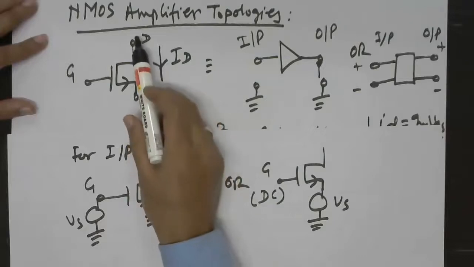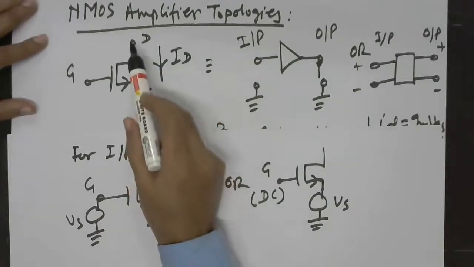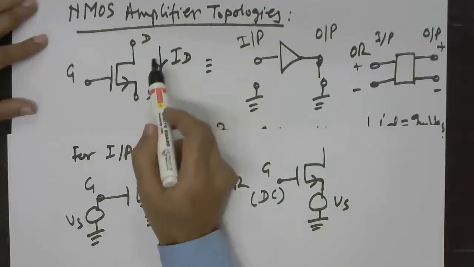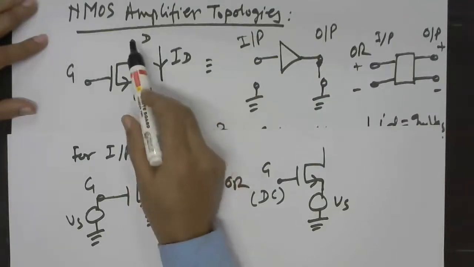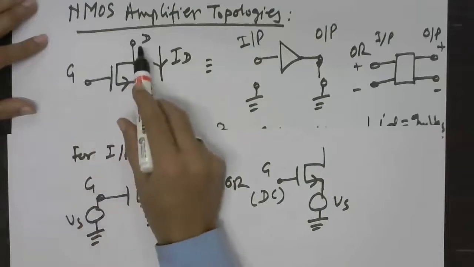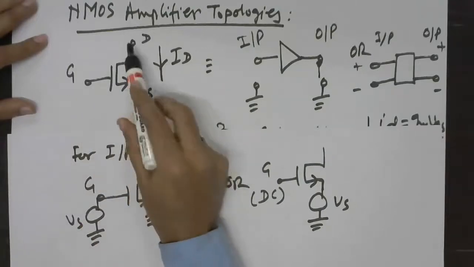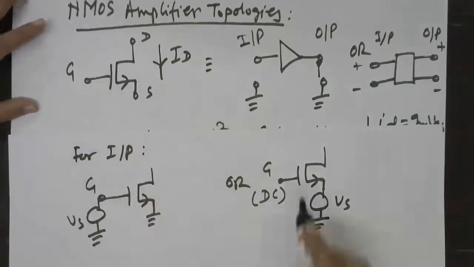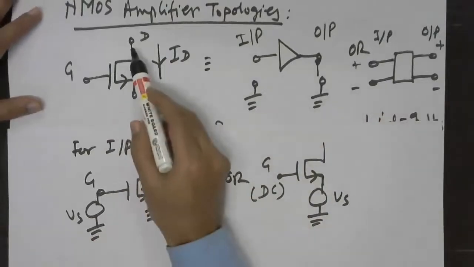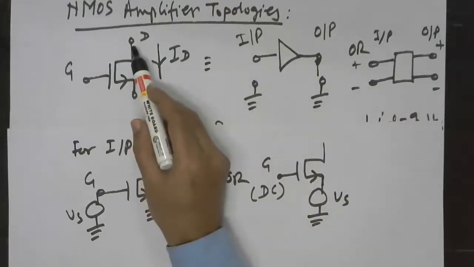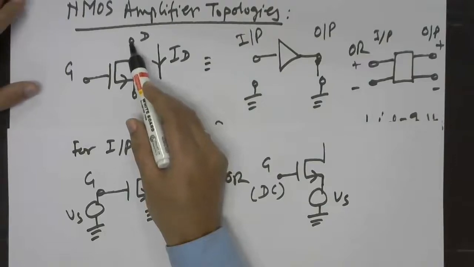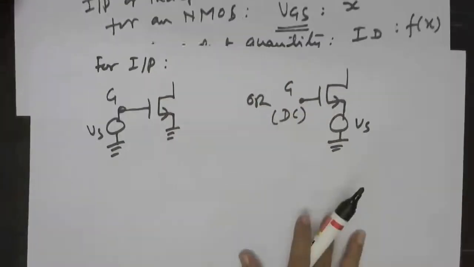Since the drain current flows through the drain terminal and source terminal, the load has to be connected at the source or at the drain. So these are the only two locations where the load can be connected. Or in terms of the output, the output can be tapped, or taken, only from the drain or source.